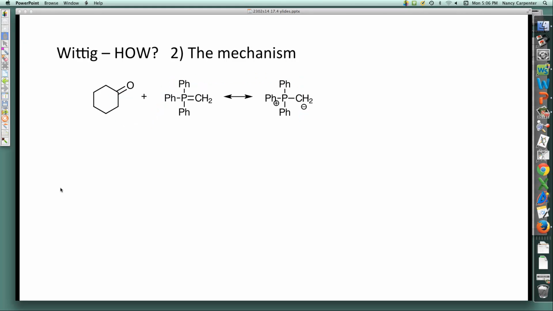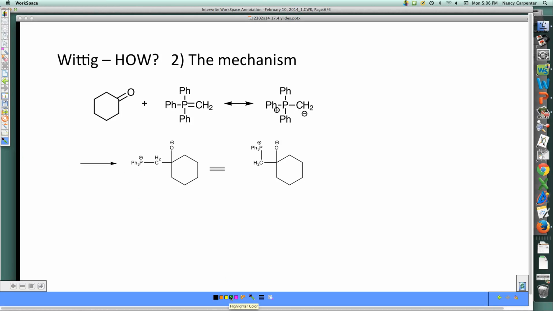So, that step leads us straight away to this. We've now made a new carbon-carbon bond, and I'm just taking this molecule and redrawing it, bending the carbon-phosphorus bond up 90 degrees so that you see what's going to happen next. Makes perfect sense.